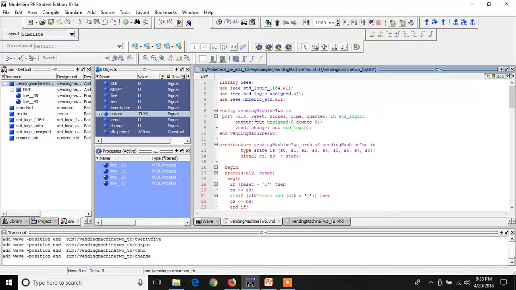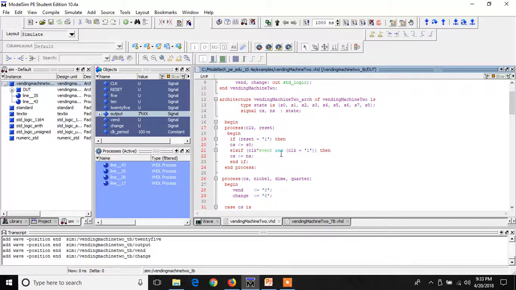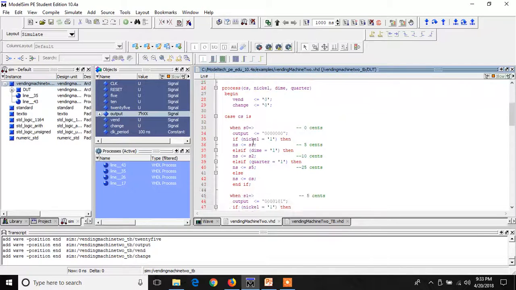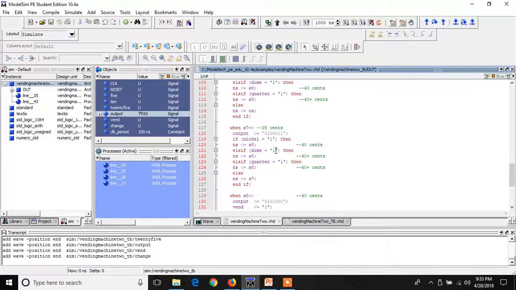I added a quarter as an input, and the outputs are the same. There are still 8 states, except in state 0, I added that if quarter is equal to 1, then go to state 5, which is the 25-cent state, and it does this all the way up to state 8.